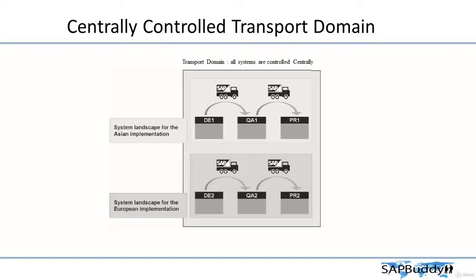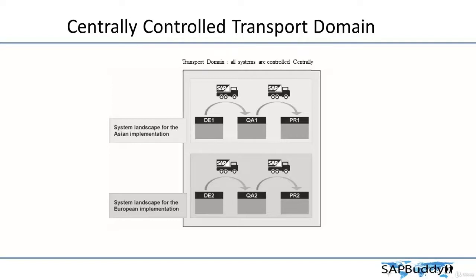and there will be only one transport controller, that is the domain controller, for a transport domain. So in these systems, whichever you are adding into your transport domain, there will be one system which will be called the domain controller.